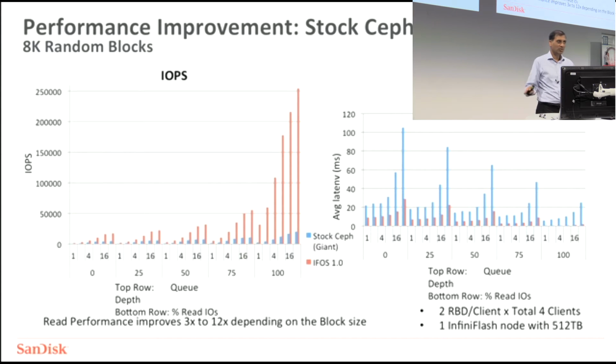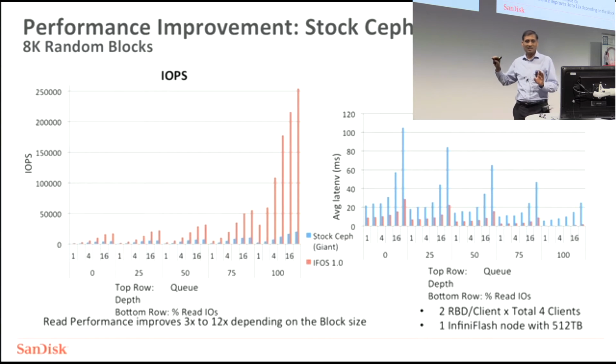One is without any tuning, and the other is with the complete tuning and all the changes that went in. On the read side, the blue bars are with tuning on all flash, and the red bar that you see there is about 250K IOPS compared to about 10 to 15K IOPS.